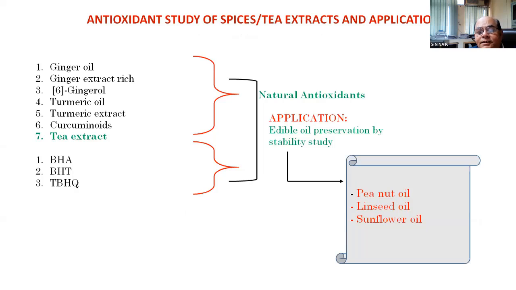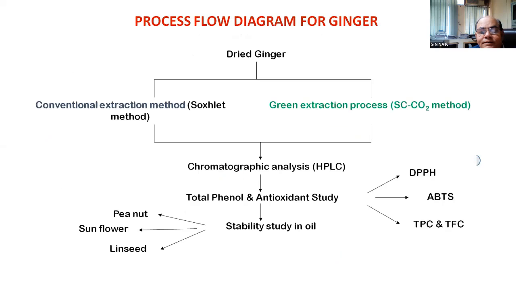After extracting the natural antioxidants, we tested them with vegetable oil for storage stability in different processes. We extracted using carbon dioxide to isolate, and the isolate is used for DPPH and other antioxidant studies.